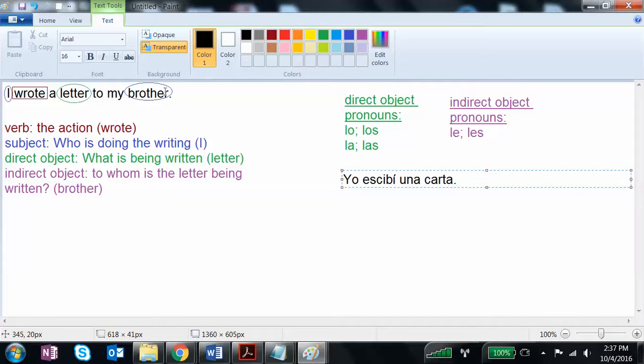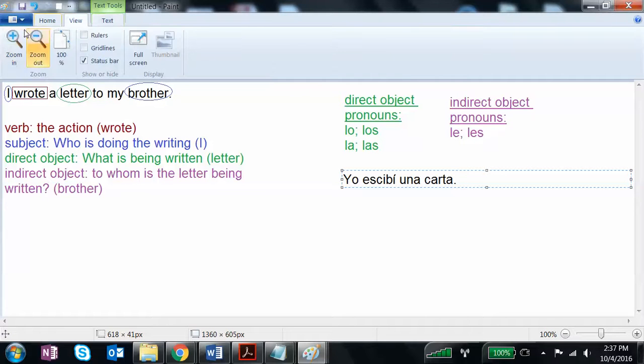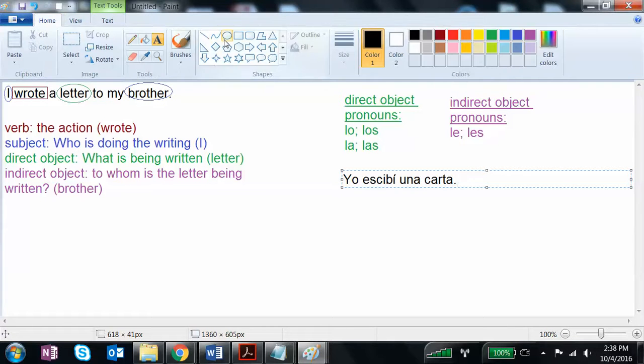My brother should have been in purple. Yo escribí una carta. So I'm not missing my subject. That's yo. I'm not missing my direct object, that which is being written. That's the letter. What I am missing is my indirect object. So I'm replacing brother with him, the indirect object.